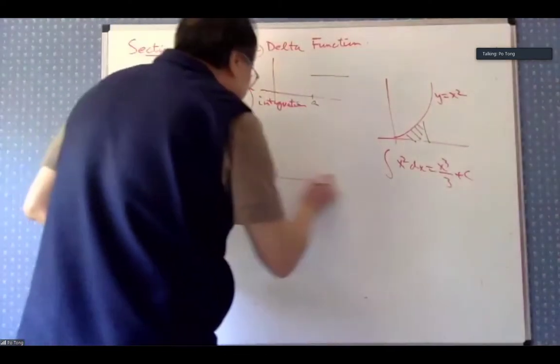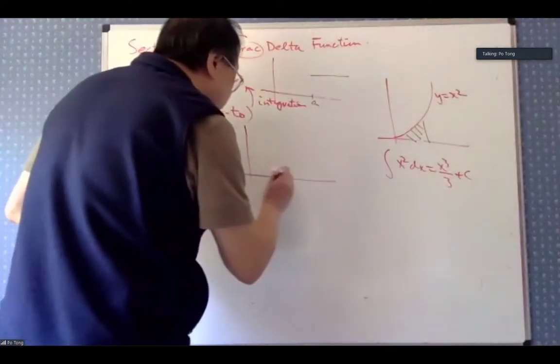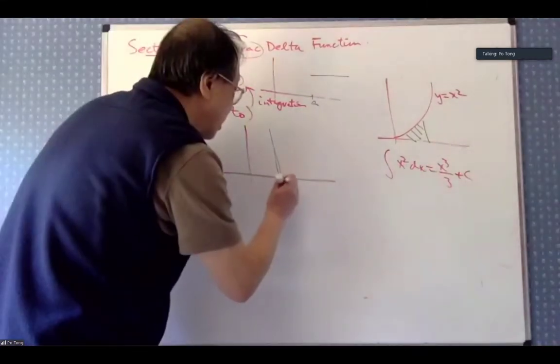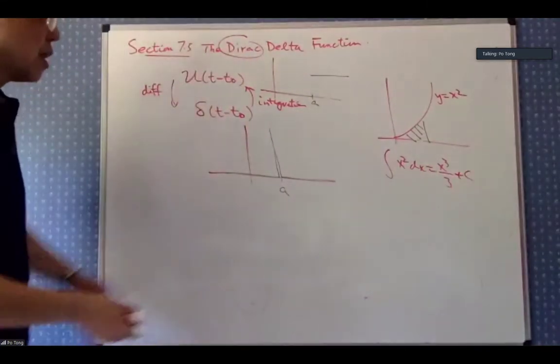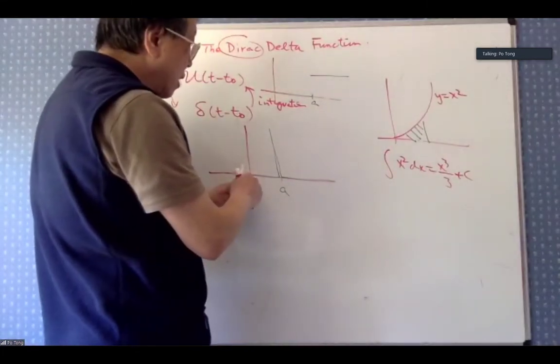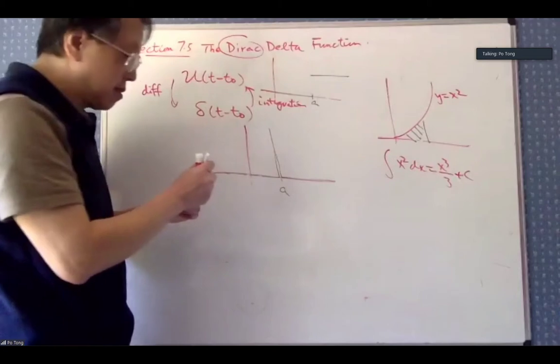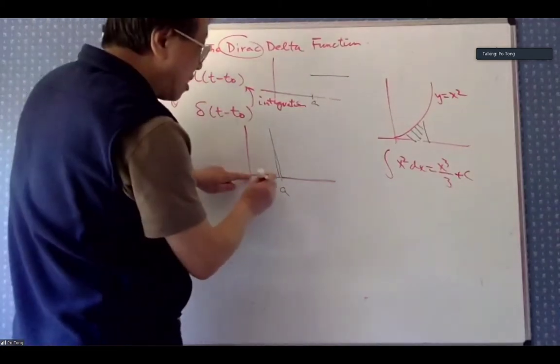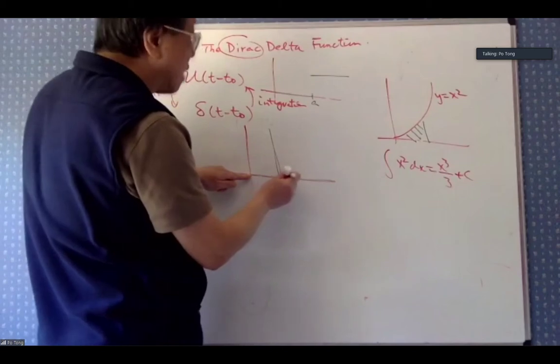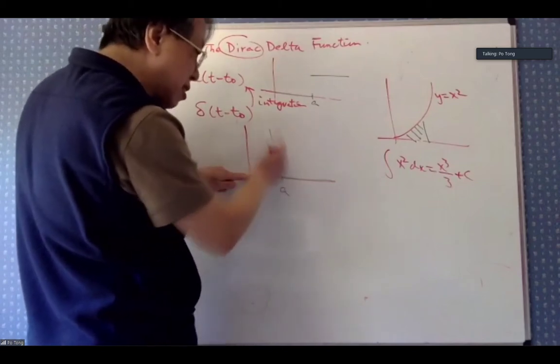If you think about this spike here, this is a delta function at this point A. As you do the integral, you try to accumulate area under the curve. As you move along here, the area is 0, and suddenly the area jumps to 1 because the area of this spike is 1.